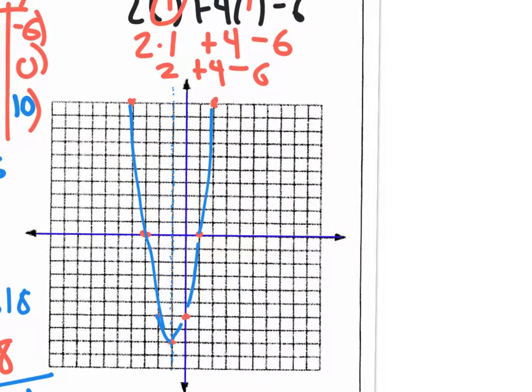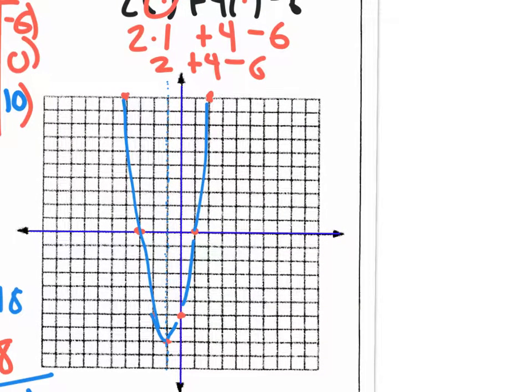Domain is your x values, range is your y values. So the domain, since we're talking about x's, right? X's are inputs. So you can look at this visually, and you see this parabola, even though it goes up, it never goes straight up. It always continues to grow out to the right and to the left.